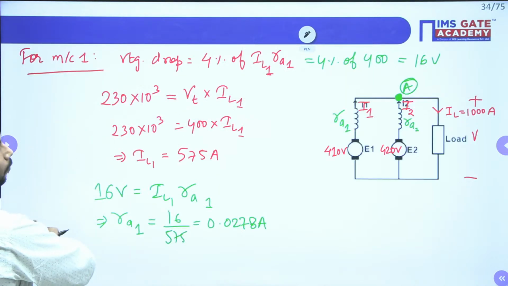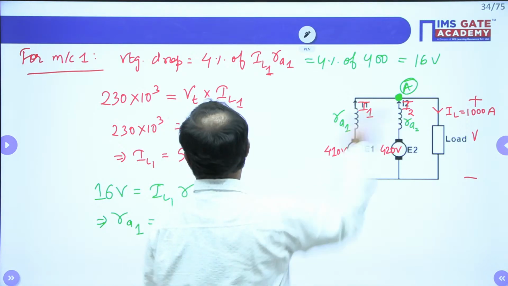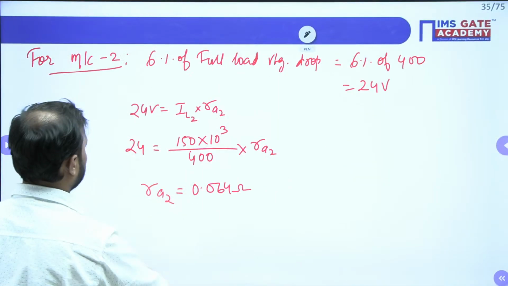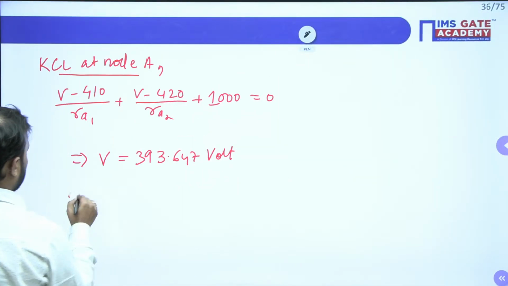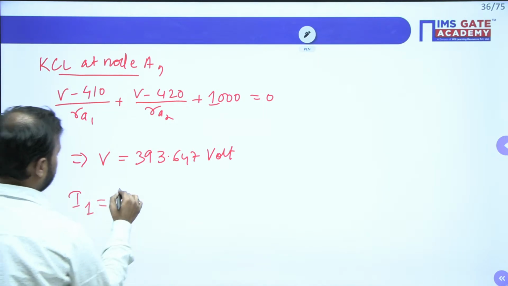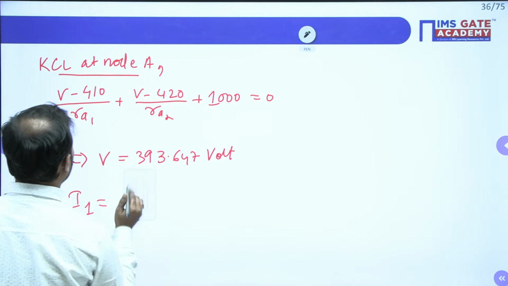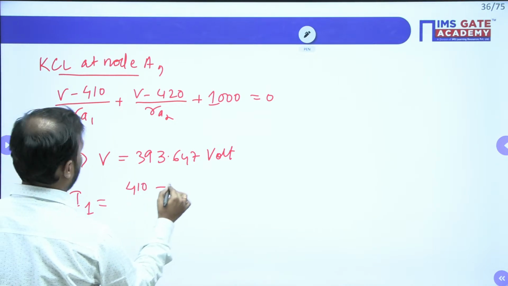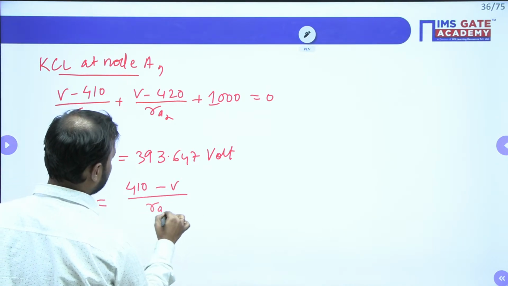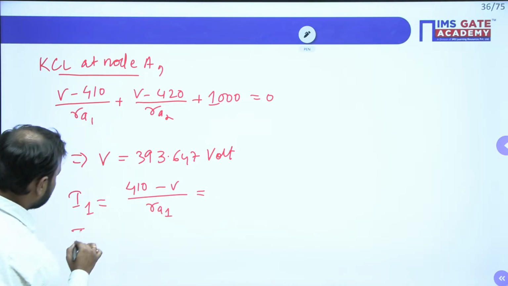Load shared means we need to calculate I1 and I2. So I1 will be equal to what? Let me write directly, 410 minus V divided by RA1, and I2 is equal to what?